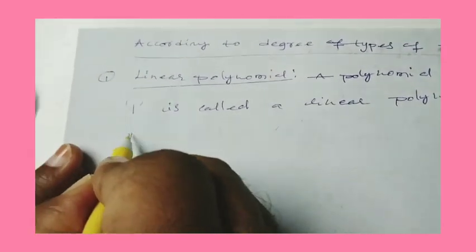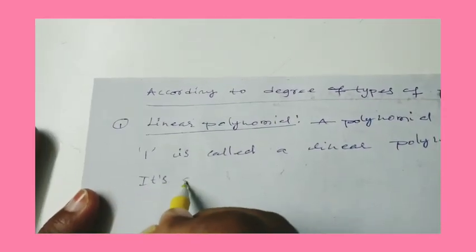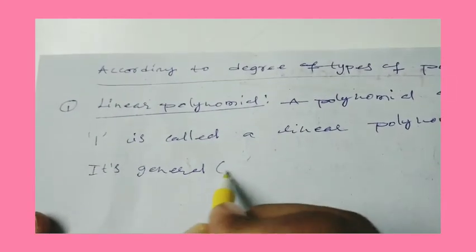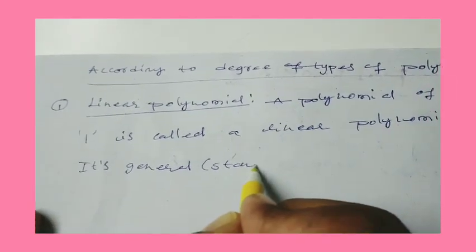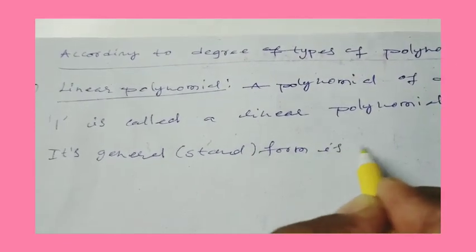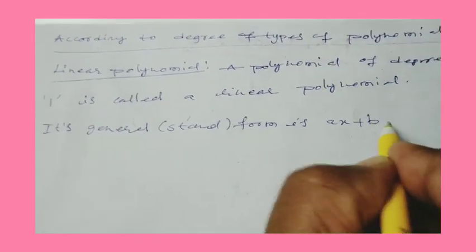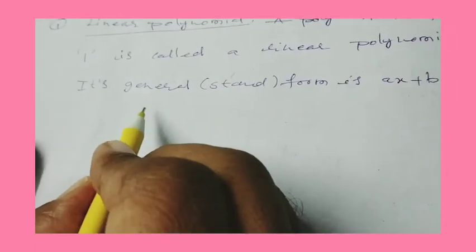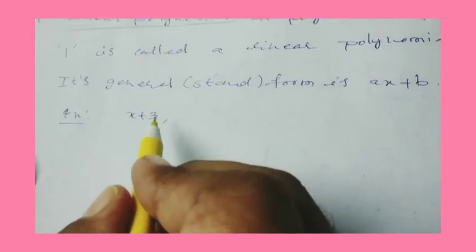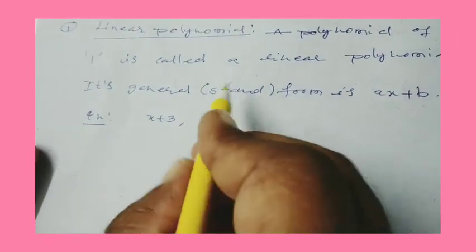Its general or standard form is ax plus b. For example, x plus 3 is a linear polynomial. Its degree is 1.